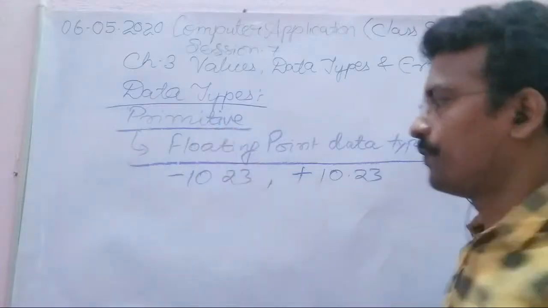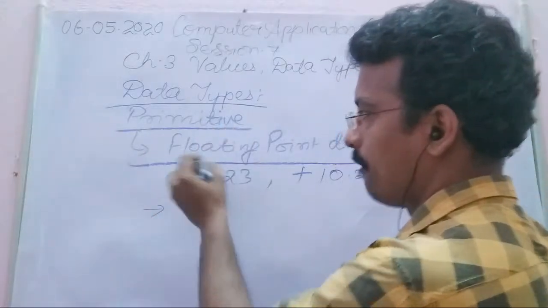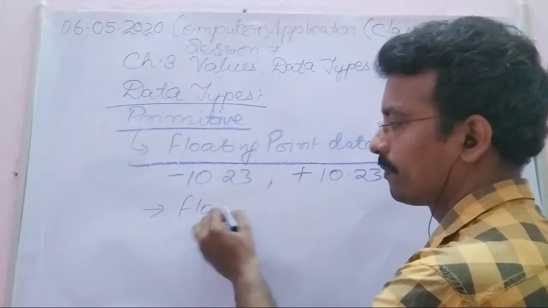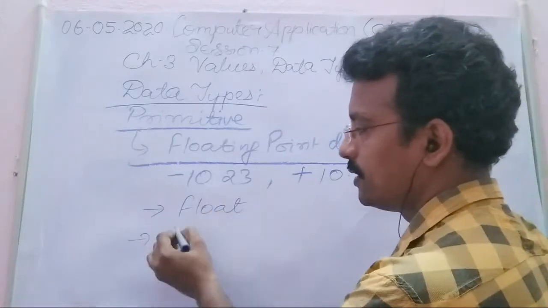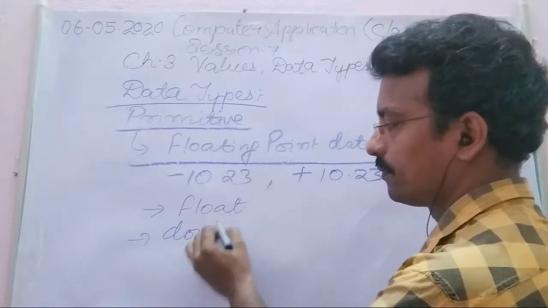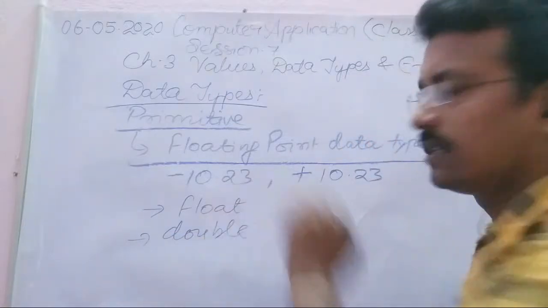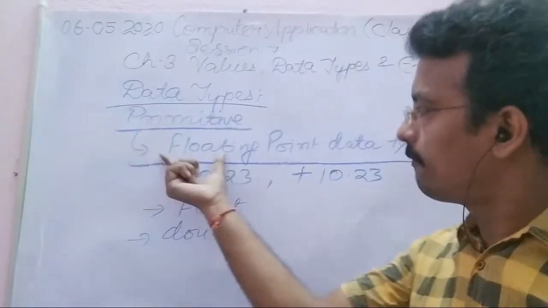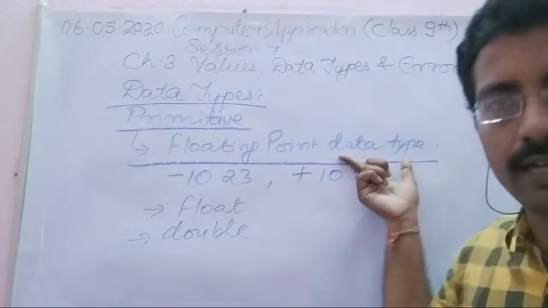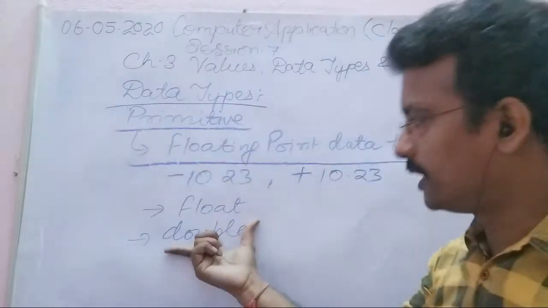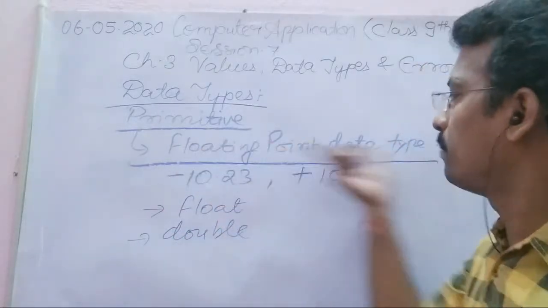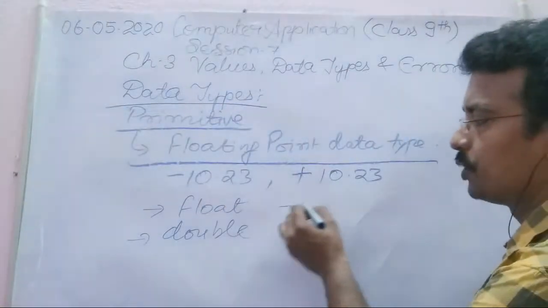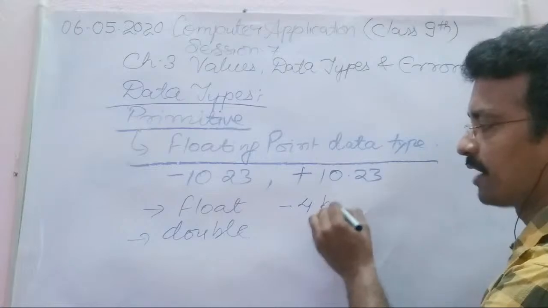We have two kinds of floating point data type. One is float and the second is double. These are two data types categorized under floating point primitive data types, and they are used for storing values in fractional form.